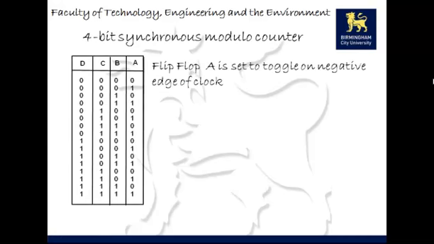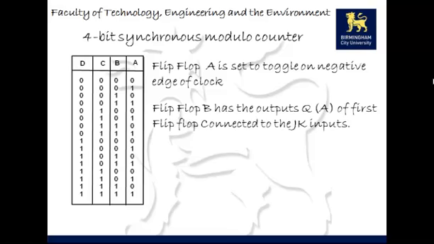For A, the least significant bit, that's just set to toggle on the negative edge of the clock. So 0 is memory and 1 is toggle for a JK flip-flop, but this just toggles on each negative edge of the clock pulse because these flip-flops are negative edge triggered. Flip-flop B has the output Q of the first flip-flop connected to the JK input, just like before.